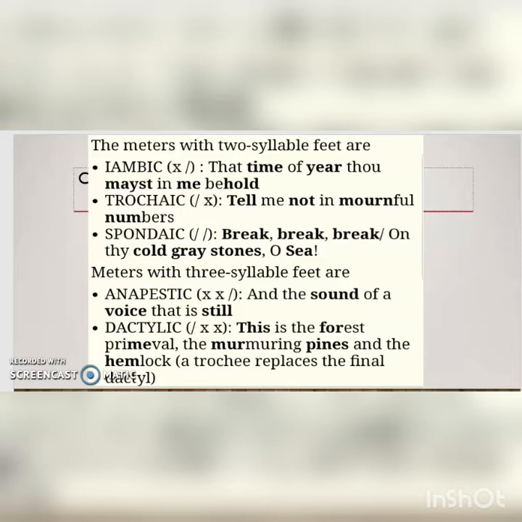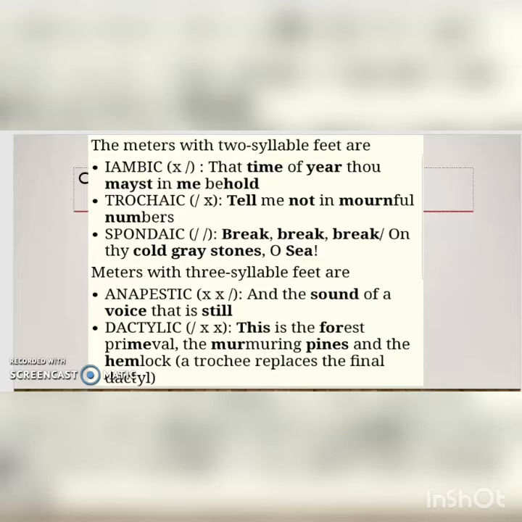Last one, dactylic: first syllable is stressed, second and third are unstressed. I will read this line, this is the forest. First one is stressed, this. Then second and third are unstressed. So this is dactylic.